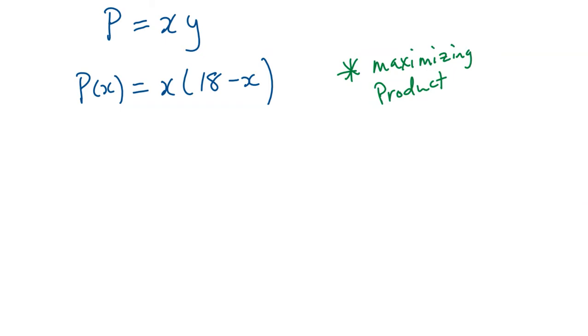So remember, the first step is to make sure that it's in the proper form to complete the square. This one is not. So to put it in the right form, I have to expand and simplify, right? So x times 18 is 18x. X times x is negative x squared.